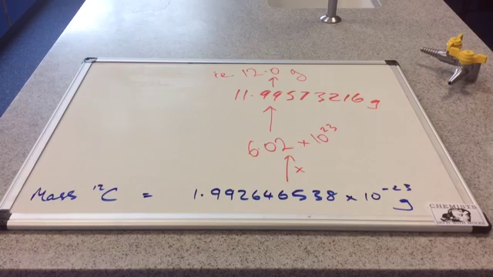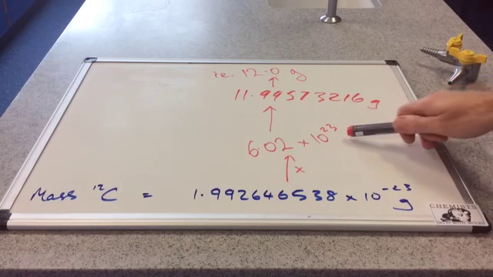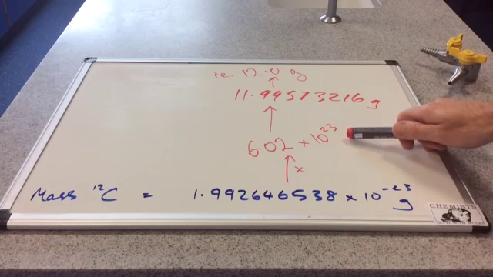So hopefully you're going to be familiar with that number for carbon, because that's actually the mass number for carbon that we see on the periodic table. So what is the mass number? It's actually the mass of this many atoms.